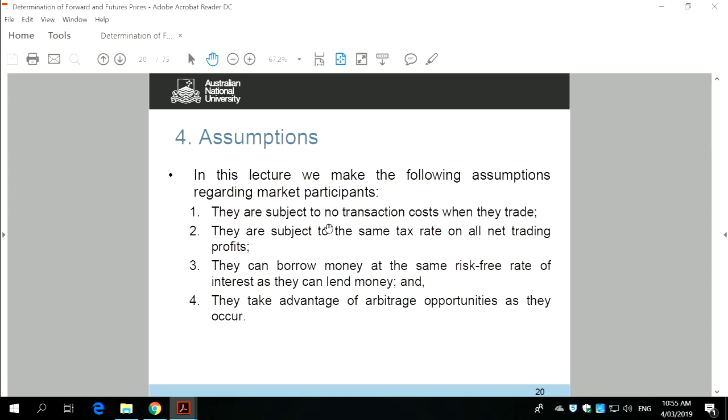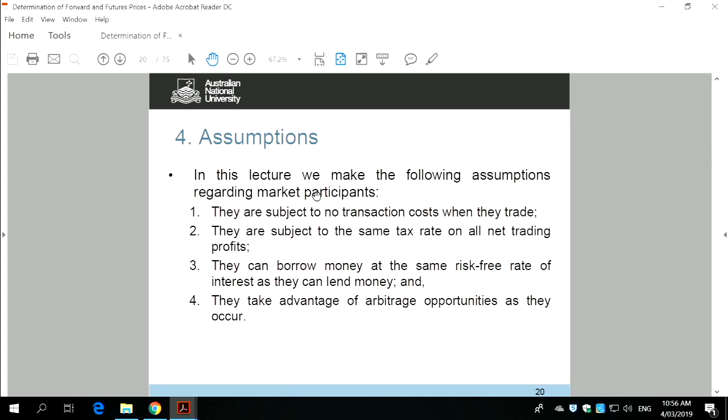The first assumption is that the market participants in the derivative market are subject to no transaction cost. At first glance, you'll be thinking this is not very realistic, because when we trade we pay transaction cost, right? But wait a sec. In this course, the kind of investor we're talking about is marginal investors.